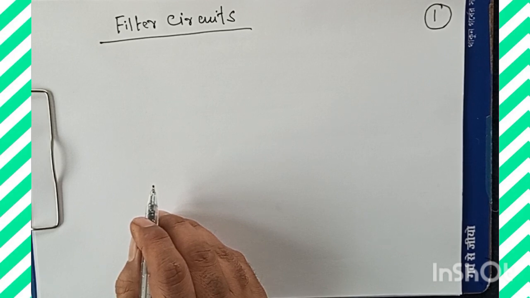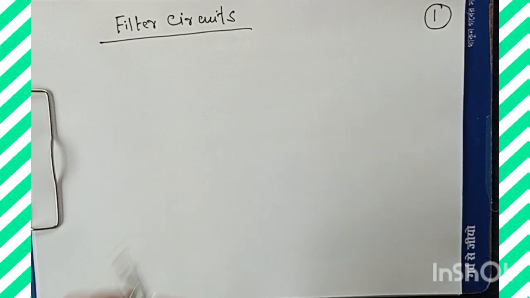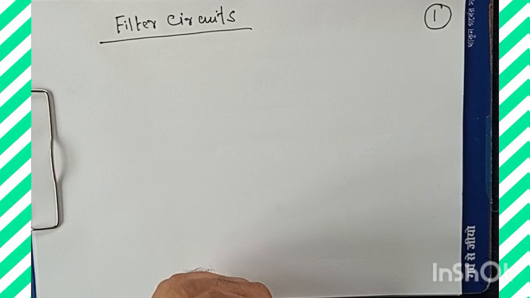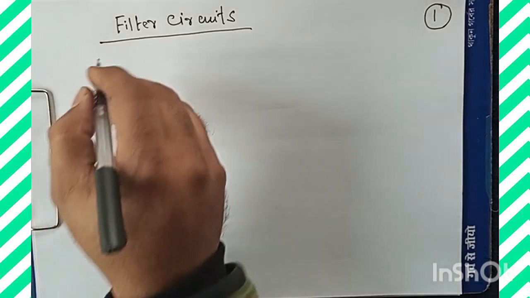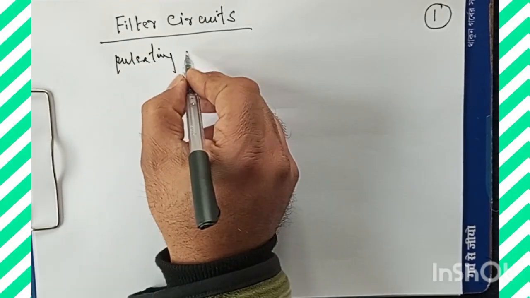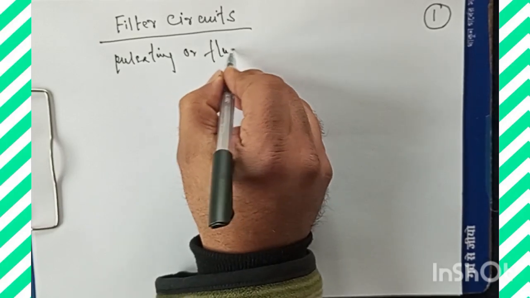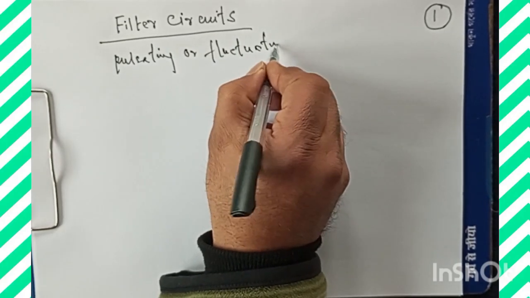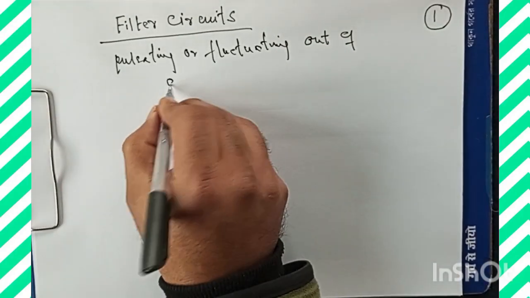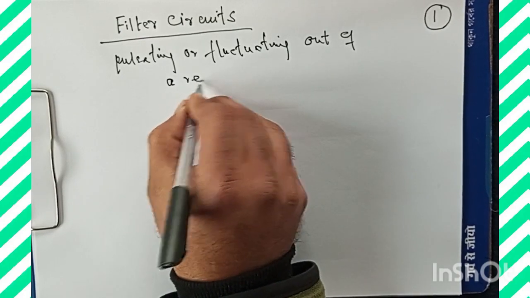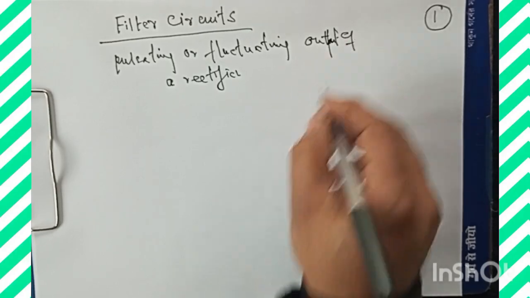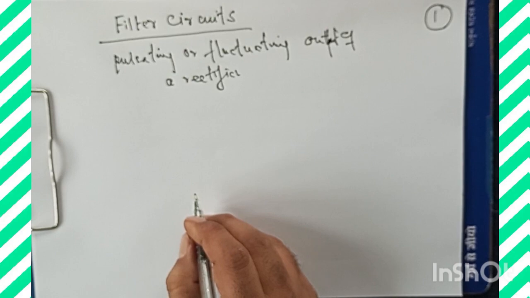This filter circuit, as I said, is used to smoothen the pulsating, or you can also call it fluctuating, output of a rectifier. So here it should be output. I said my handwriting is very bad, and I'm sorry for that.